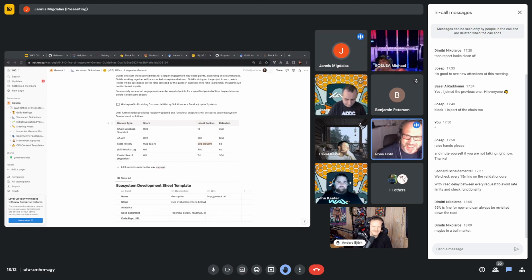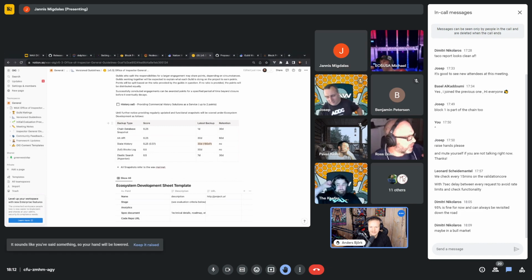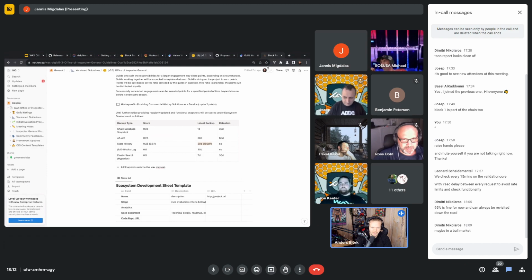Anders. First I agree with Ross here, but on a second thing, it's good that people are providing all of the snapshots. It should exist. If one service is down, 2 are down, 3 are down, they still exist.